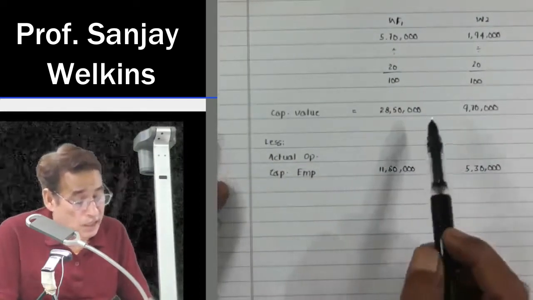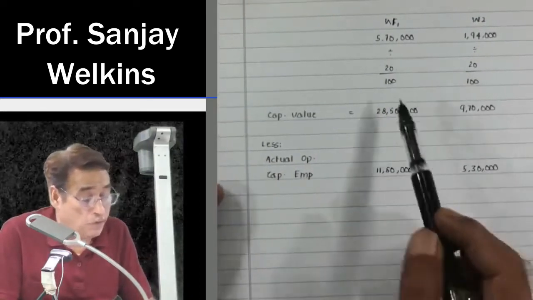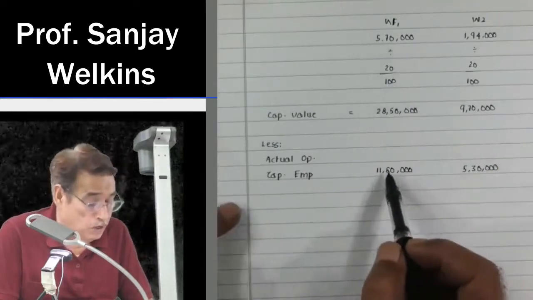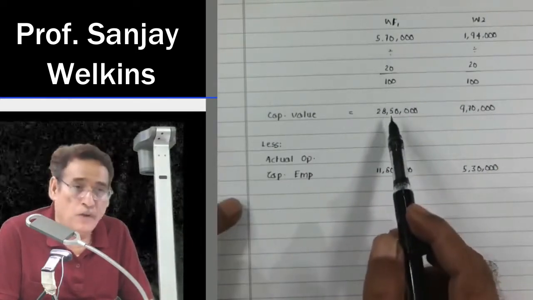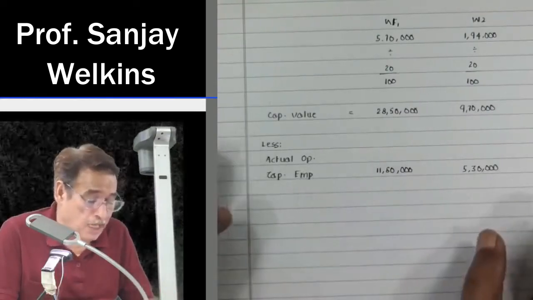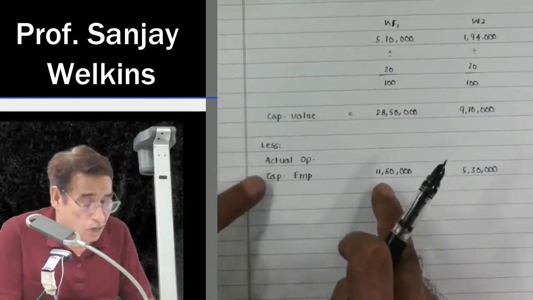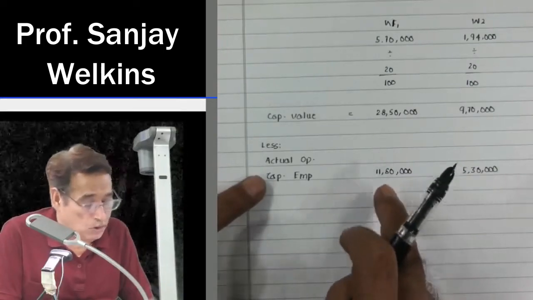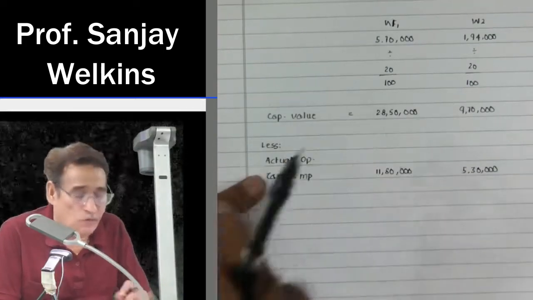That means we are earning, or we are capable of earning this much of profit by employing this much of capital. But other firms would require this much of capital. That is what we mean by capitalized value. That means our actual capital is this much, but actually this capital's value is equal to this much.